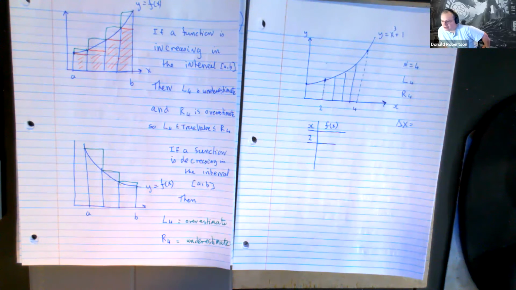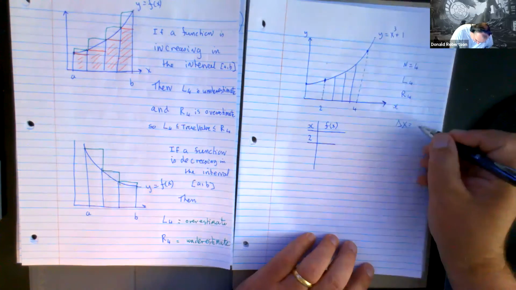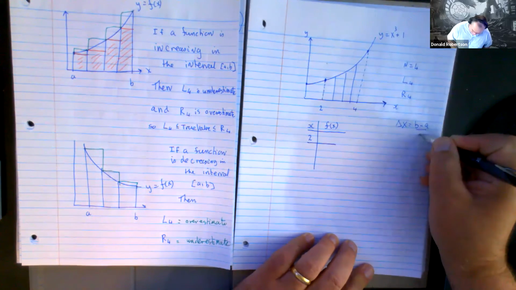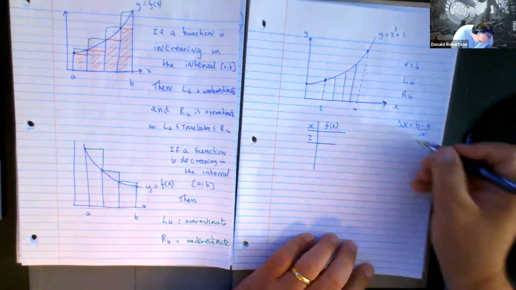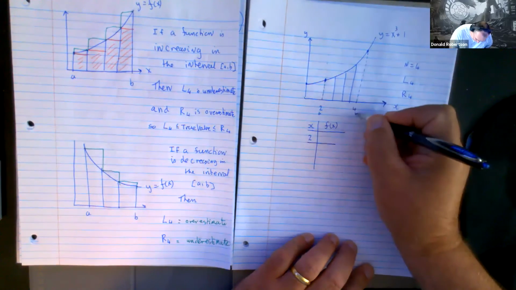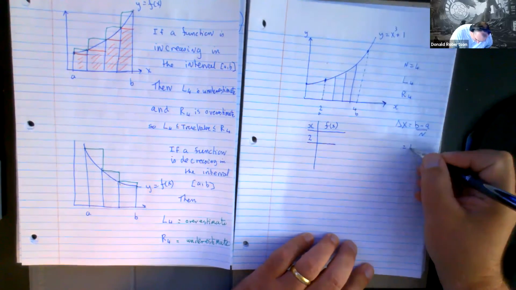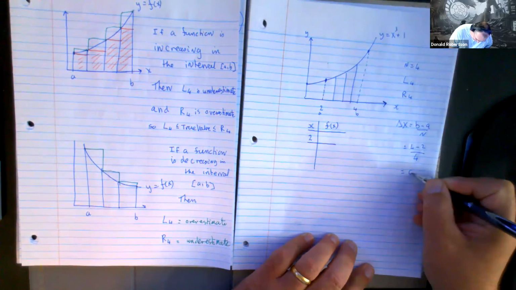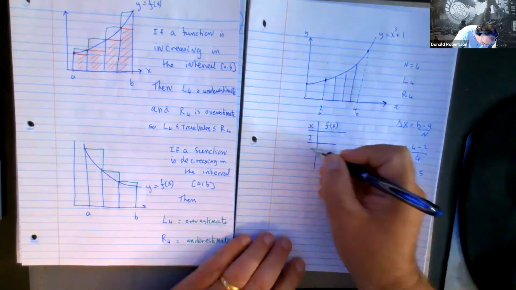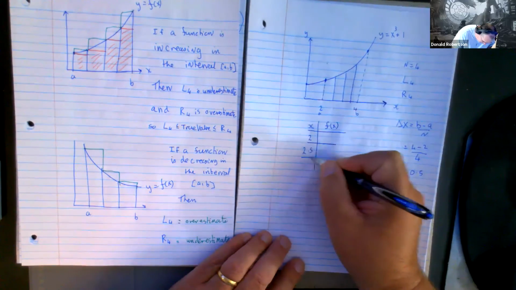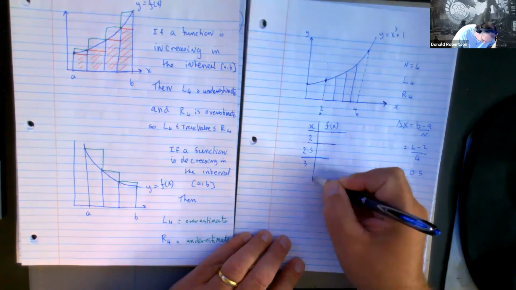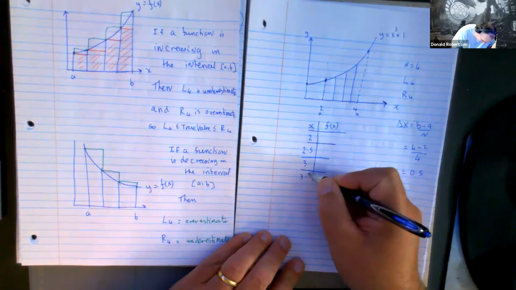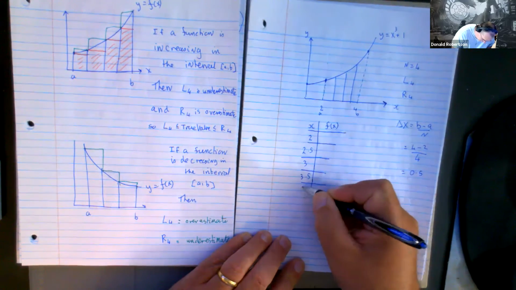But let's pretend it's 8 strips or 7 strips or 6 strips. It's just helpful if you've got a calculation. So the calculation is that, remember? And that's A, and this is B. So it's going to be 4 take away 2 divided by that, and we get 0.5. And that allows me to go 2.5, 3, 3.5, and finally 4.